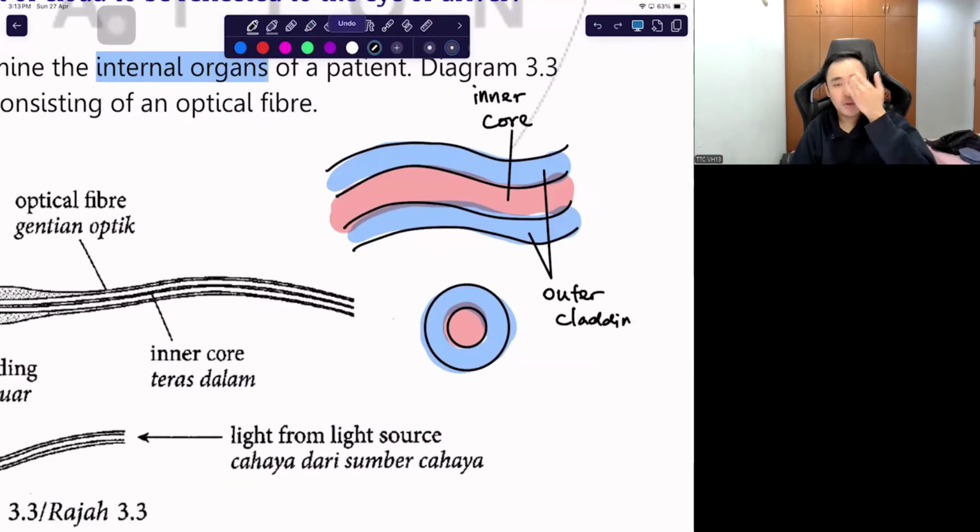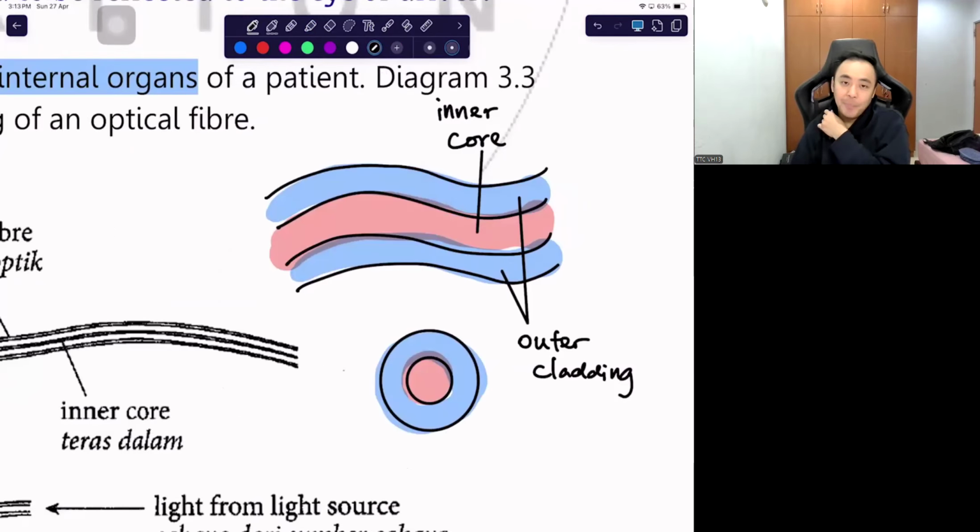They will ask you to decide whether it should be high density or low density. Simple: your light ray will enter from one end, undergo total internal reflection, bounce all the way, and come out from the other side.